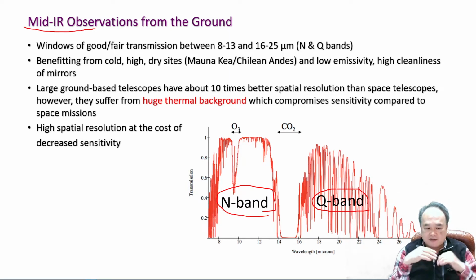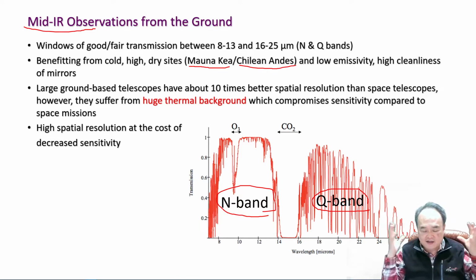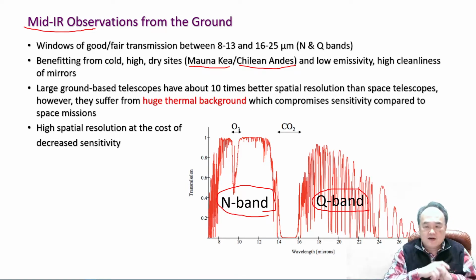High mountains are usually cold, so there is less mid-infrared background radiation, and a smaller amount of water vapor because we have already elevated quite a lot in altitude, and hence it is drier. The two best places in the world for such an observatory are Mauna Kea in Hawaii and the Andes mountains in Chile. That's why the largest telescopes in the world are built on these two sites.